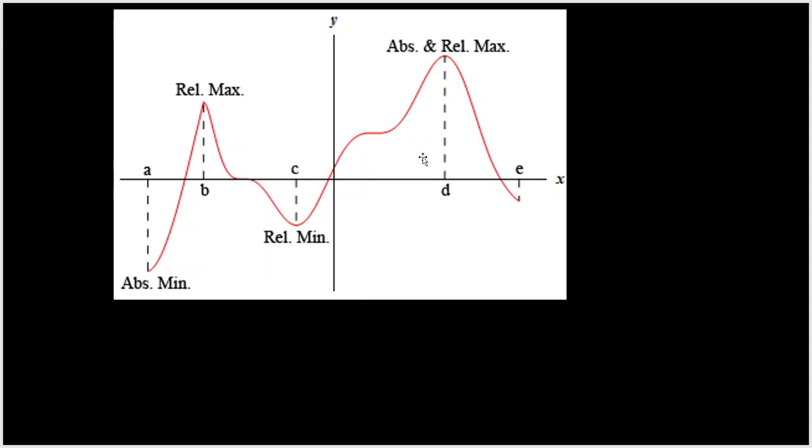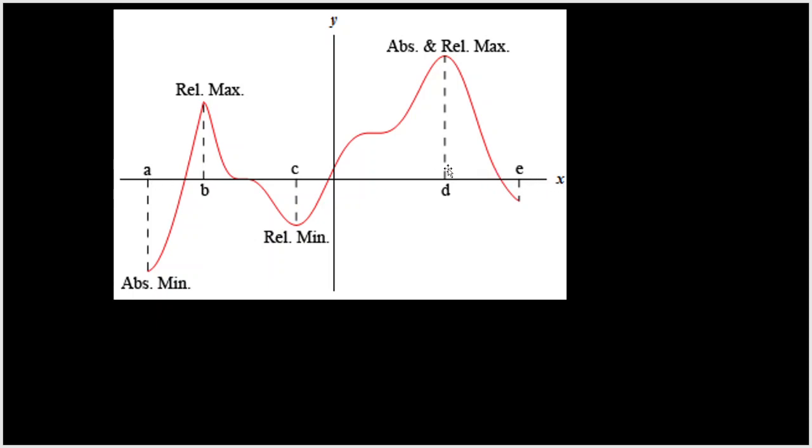Absolute maximum just means the largest possible value of the function on the interval. I think it's labeled on the graph actually. Okay, you see the largest value of the function on the interval from a to e. The location is d. The value of the function at d is the largest when we consider all the values of the function on the interval from a to e.